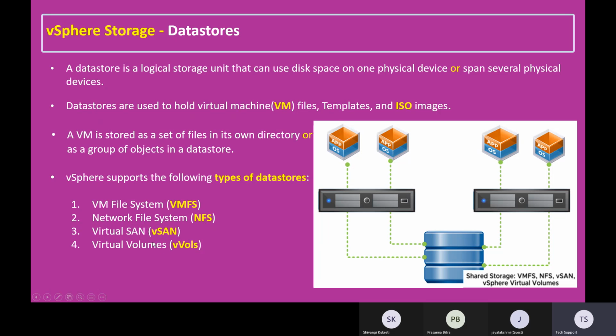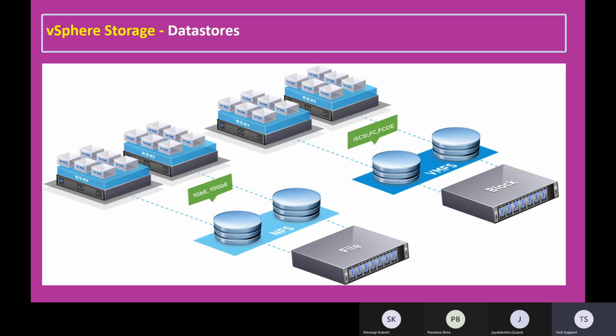Within these four types of data stores, we discussed NFS storage and how to configure it yesterday. Today's session will focus on VMFS. Also observe the logical view. Yesterday, when configuring the NFS storage, we configured over the network only. We configured a file server on Windows Server 2022.